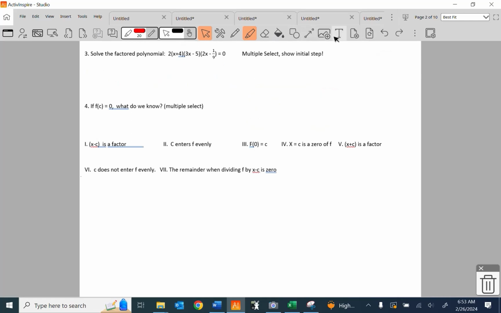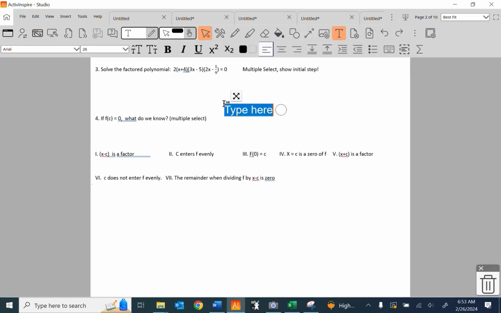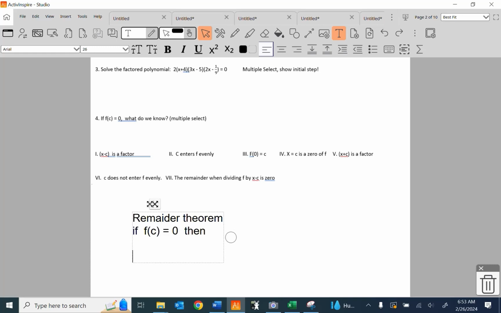4 is using what's called the remainder theorem. Remainder theorem says if f of c equals 0, then we know a lot of stuff. x equals c is a 0 of the polynomial.